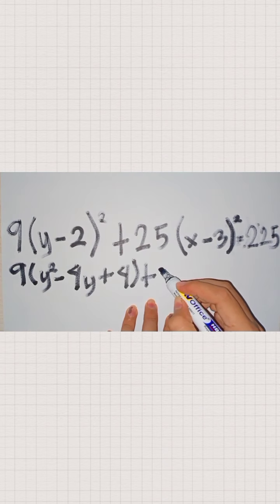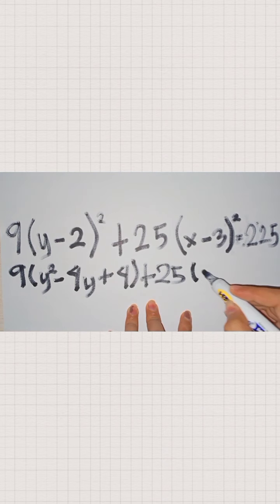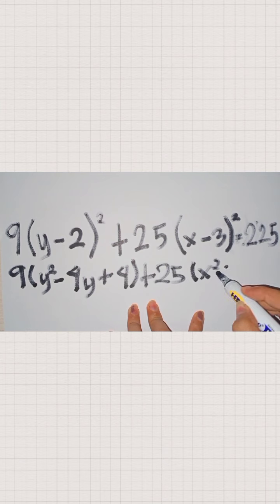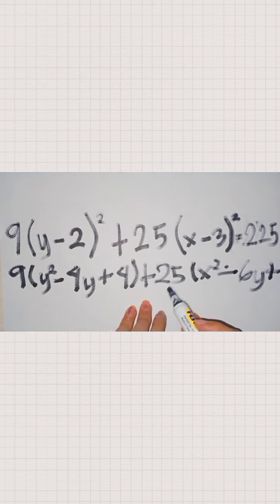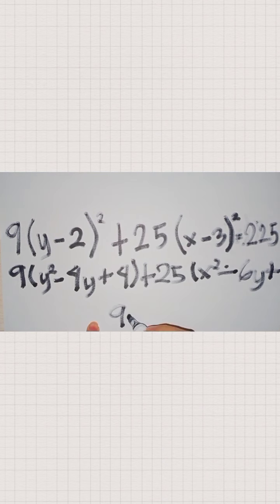Ganito din sa kabila. 25 quantity of x squared negative 6x plus 9 equals to 225.